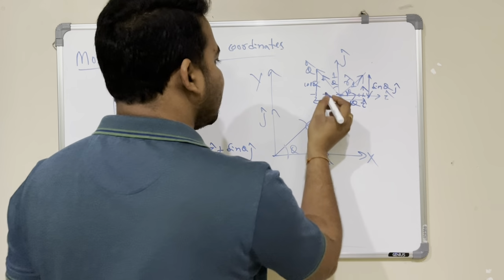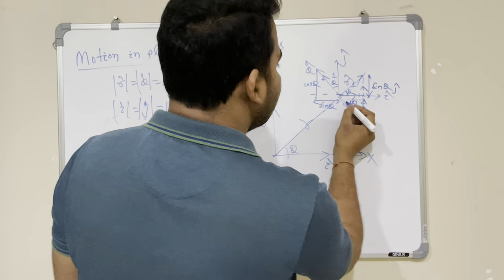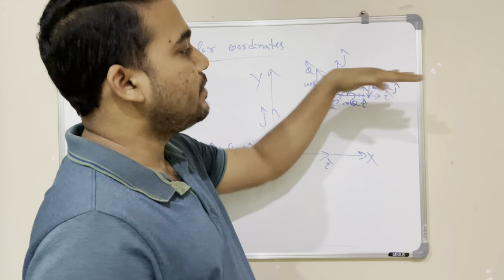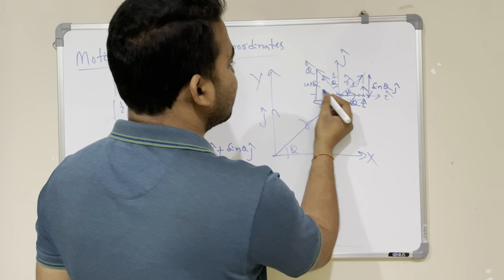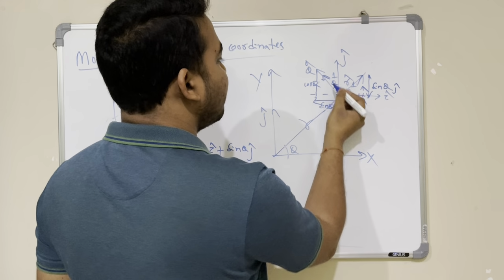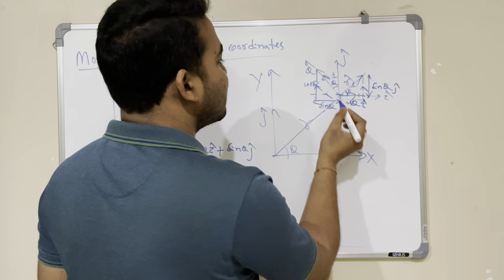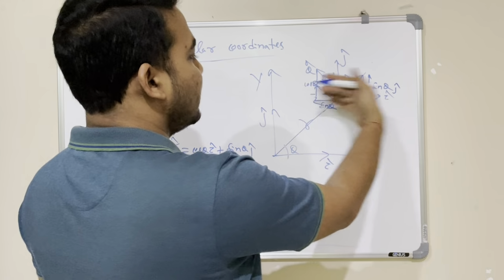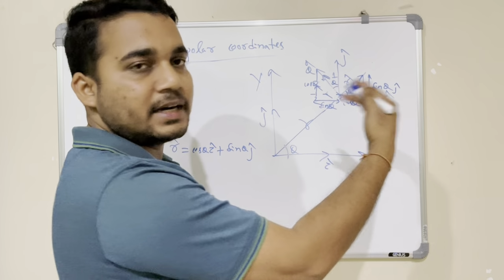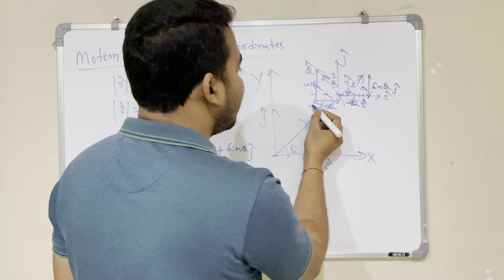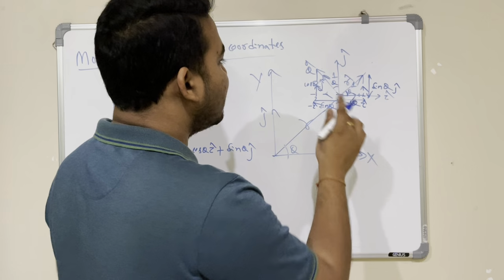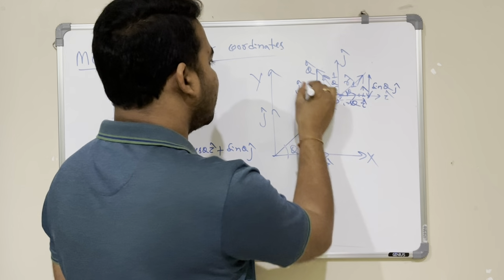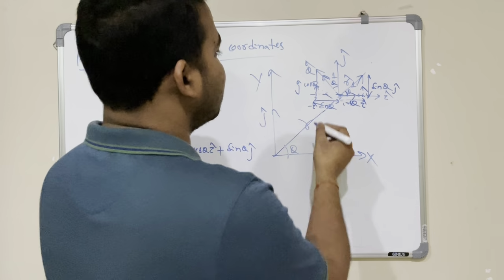As you know, I cap is in the positive x direction, so in the negative x direction this is minus I cap, because theta cap equals this vector plus this vector. Negative x axis means this is minus I cap sin theta, and this is j cap cos theta, in the positive y axis.